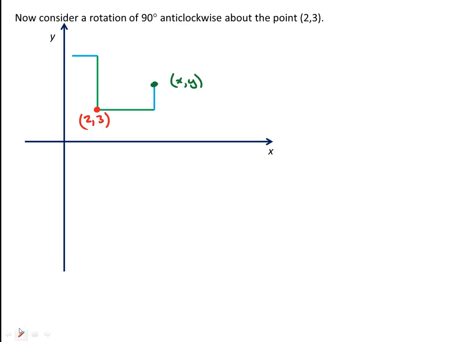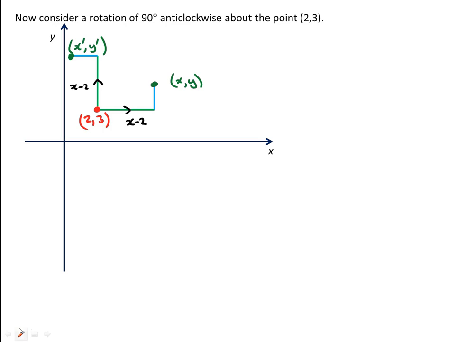Now, on the original L shape, the length of the x step is x minus 2. And that will therefore be the length of the vertical part of the image L shape.